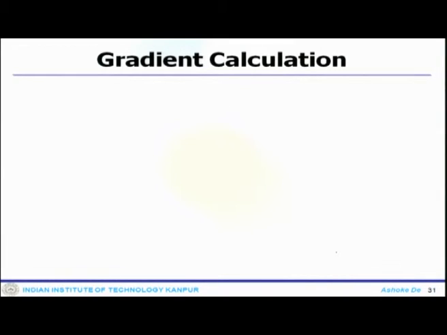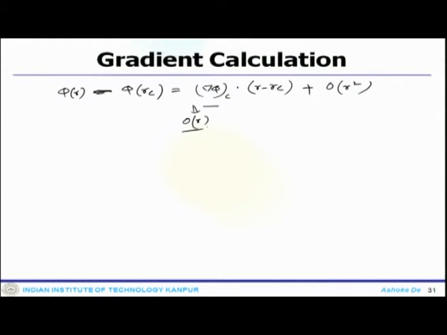So one can write down the Taylor series expansion: phi r minus phi r c equals gradient phi c dot r minus r c, plus order of r square. So when solved for this, it would be of order r. So at least it is first order accurate in that sense.